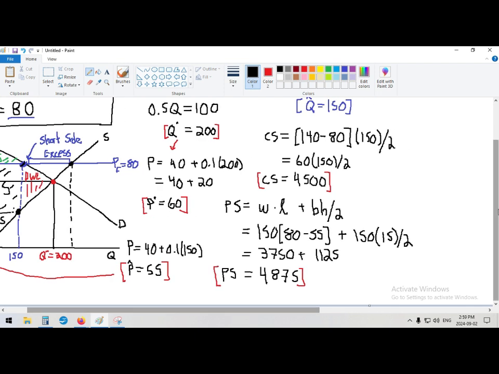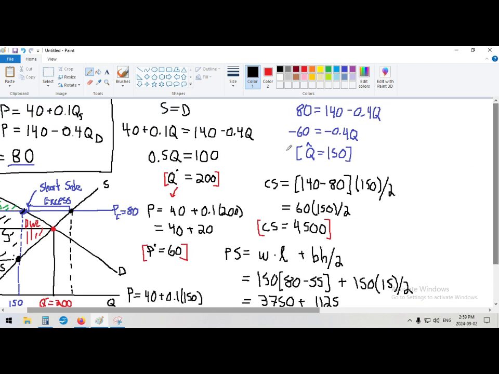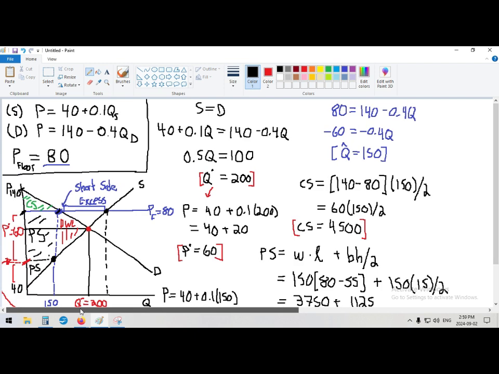Now for the final part of the question, we have to figure out the deadweight loss, which is going to be this little triangle here. And then we have all the points now, which is nice. You can see the height of the triangle is going from 80 down to 55. And then the base is going from 150 to 200.